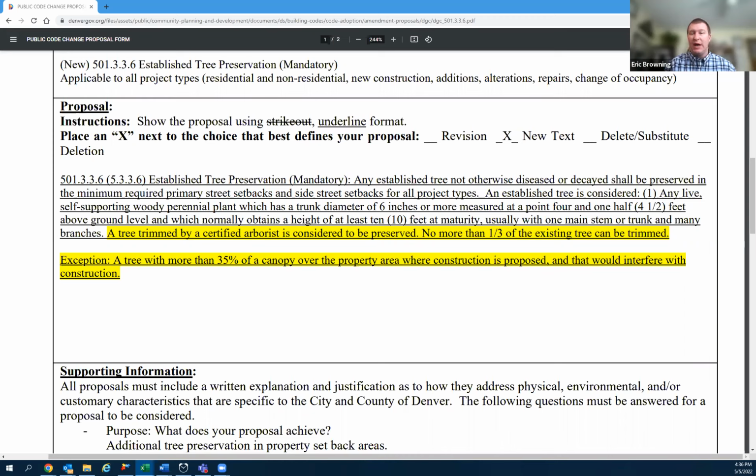So while I am in support of advancing the language, I think it's necessary to inform the committee that we will coordinate with our partners in parks and forestry and DOTI as necessary to again ensure that this is kosher from their perspective as well.